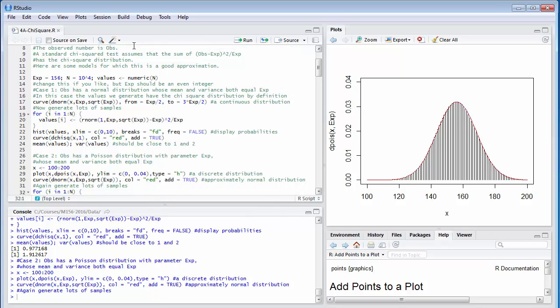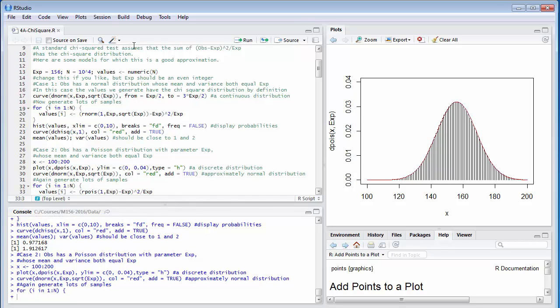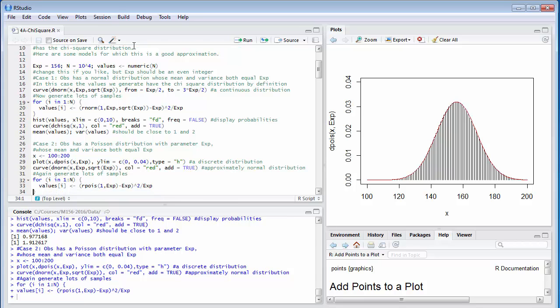Again, we're going to do the same thing. We're going to generate lots and lots of samples, but with each of these samples that we get from the rpois function, we're going to subtract off the expected value, square the result, and then divide by the expected value. So this is the chi-squared recipe: observed minus expected quantity squared divided by expected.